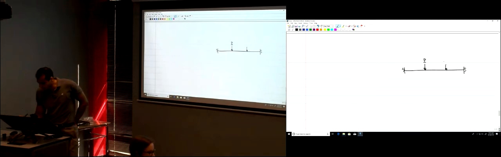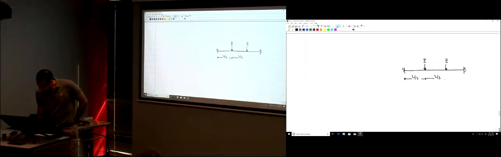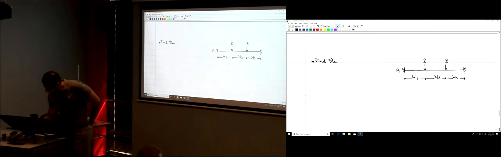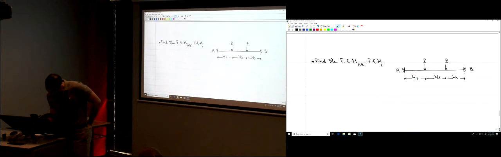So you have a force P here, force P here. And this is L over 3, L over 3, L over 3. And I want you to find, this is point A, B, the fixed end moments, AB and BA.